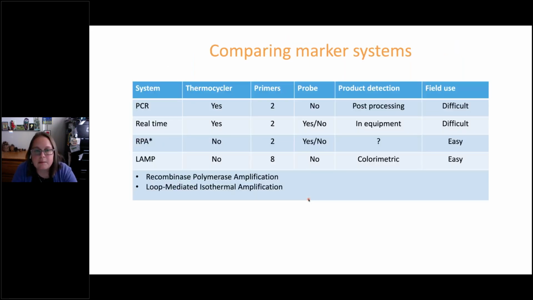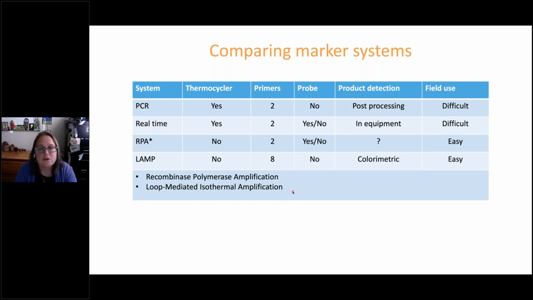So we've also been thinking about the marker systems that we want to use, right? In developing molecular tools, you could use something like qPCR or PCR, but you really need a thermocycler for using these kinds of tools. And what we really want is something that we can do in the field. And so we've been focused on using a LAMP assay, which is loop-mediated isothermal amplification.